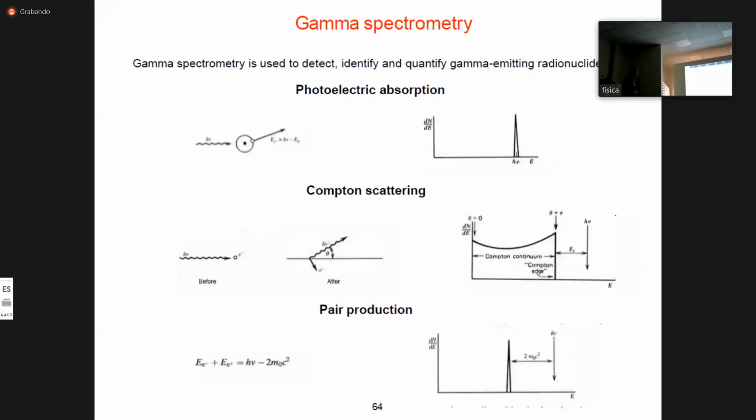But that will be the topic of my next lecture, about why we use different detectors for gamma spectrometry and why semiconductor detectors are the best devices for distinguishing between different gamma isotopes. Thanks for your attention. If you have questions, I can answer them.